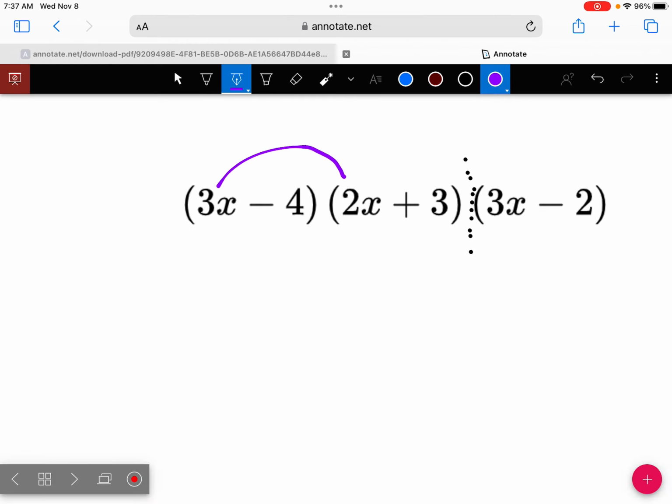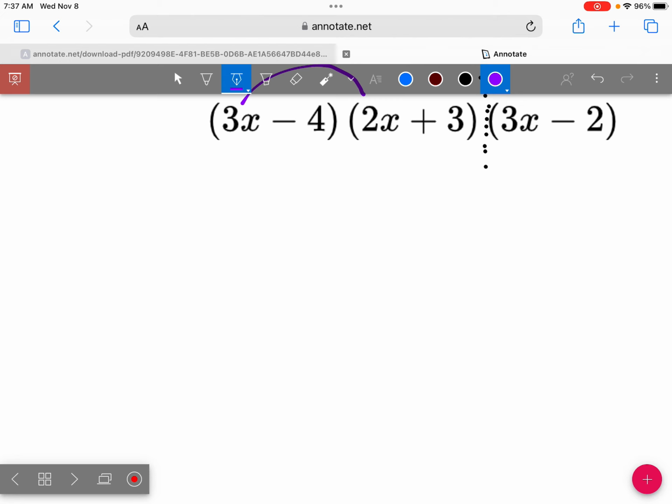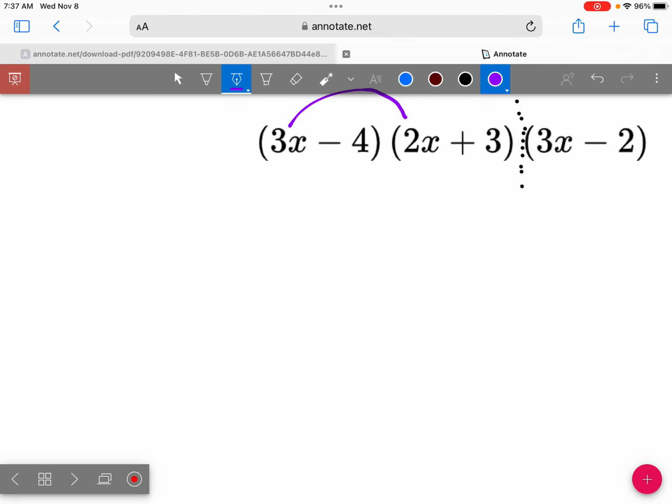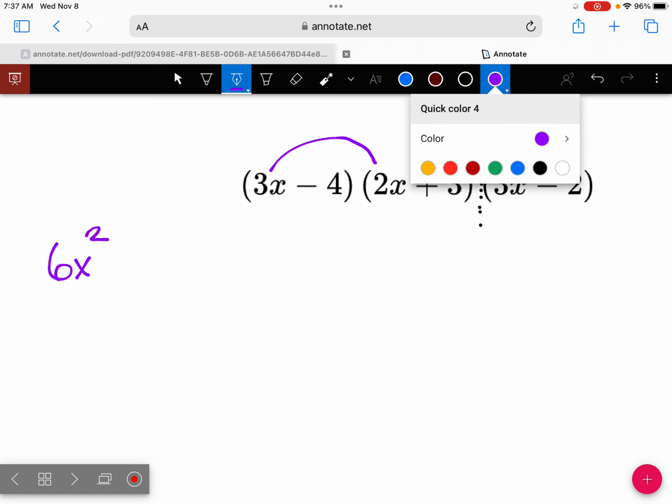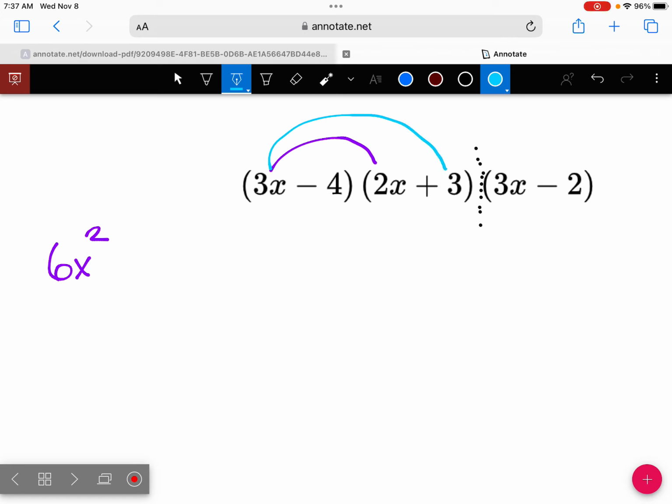So 3x times 2x gives us what? 6x squared. Good. Then we have our 3x times our 3, giving us 9x, exactly right.